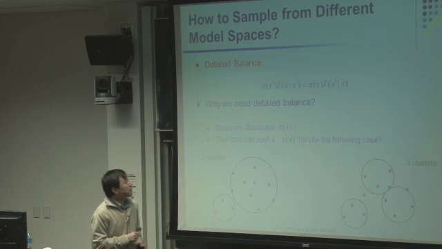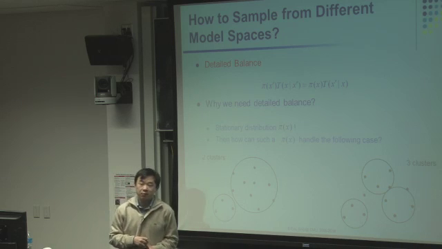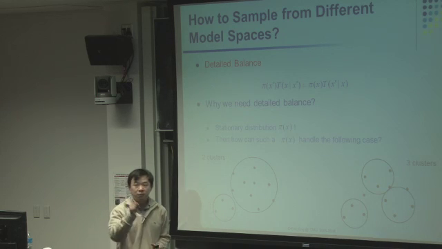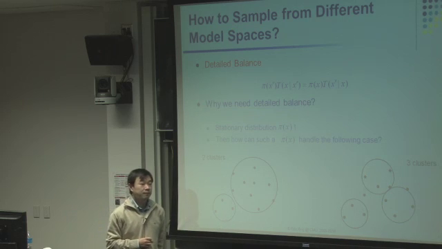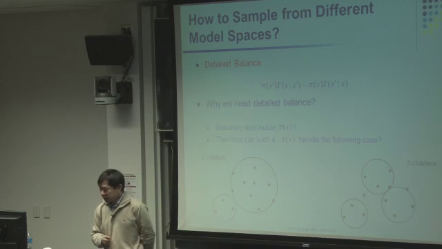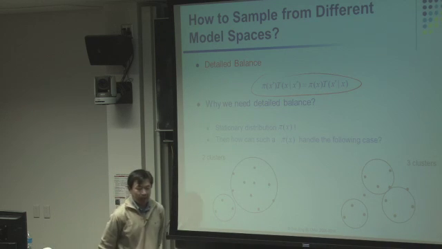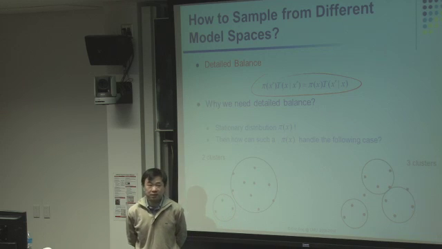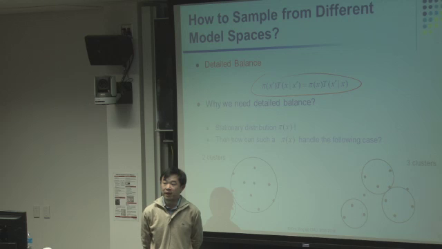So remember, when we design our MCMC algorithm, we played up one important concept, which is called the detailed balance, right? This detailed balance is the cornerstone of guiding the choice of proper proposal distributions, right?